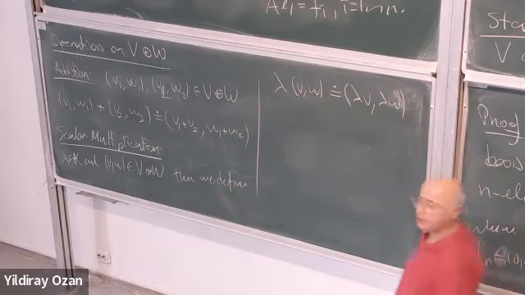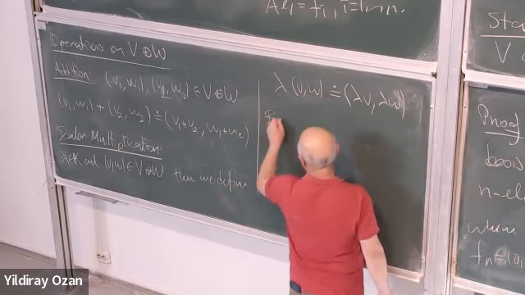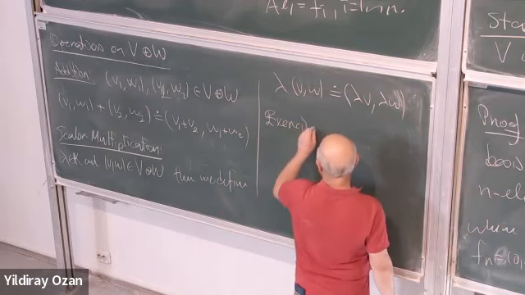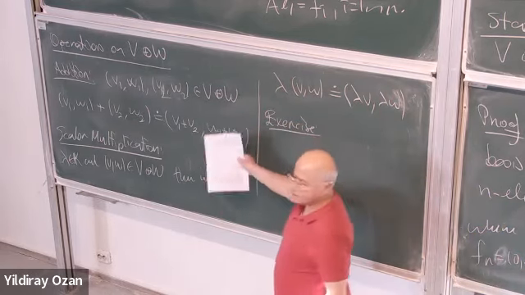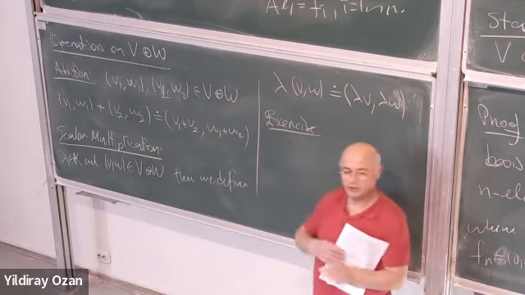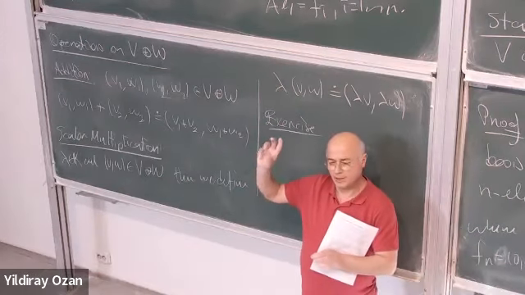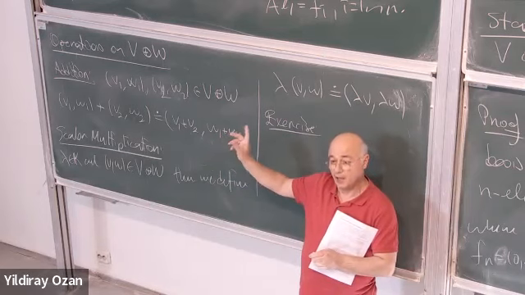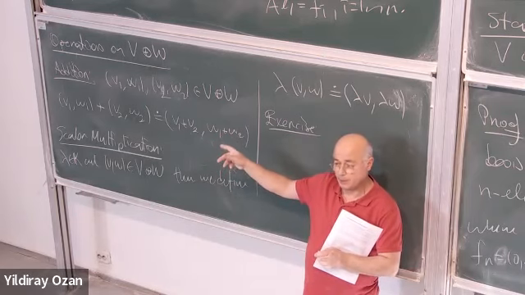Okay. I will leave it as an exercise to check that with these operations, this is really a vector space. So you have to check basically three things: that under addition, this set is an additive group, an Abelian group.